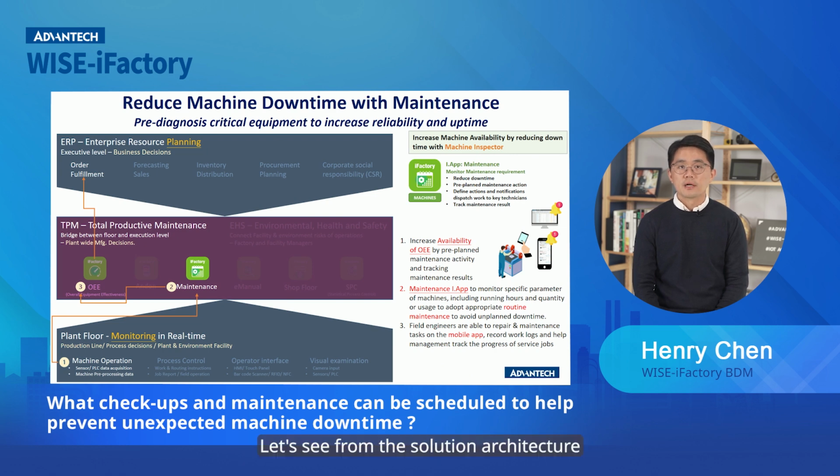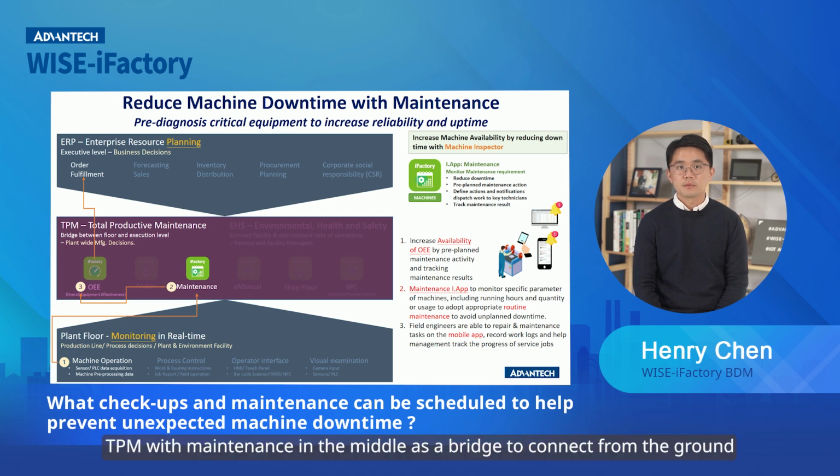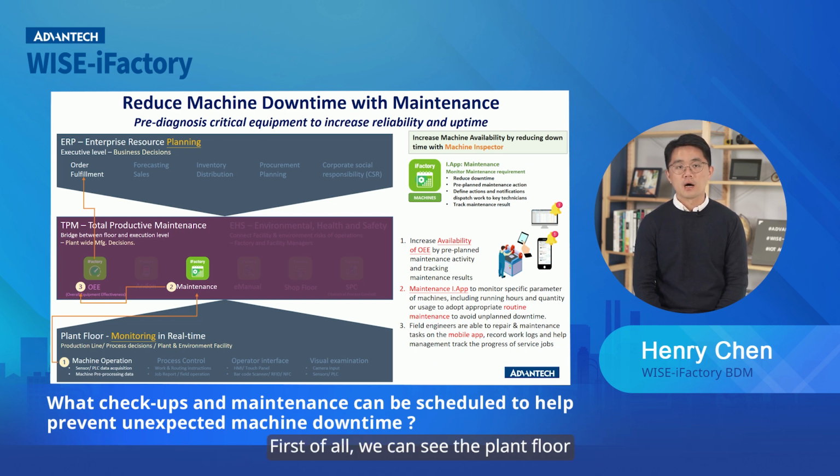Alright, so let's see from the solution architecture how we increase reliability and uptime. TPN with maintenance in the middle acts as a bridge to connect from the ground. First of all, we can see the plant floor. We want to monitor the different types of machines in real time, like PLCs, controllers, or even just single sensors.